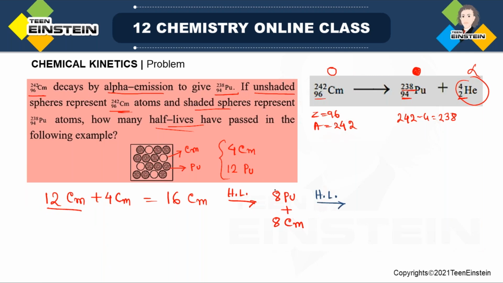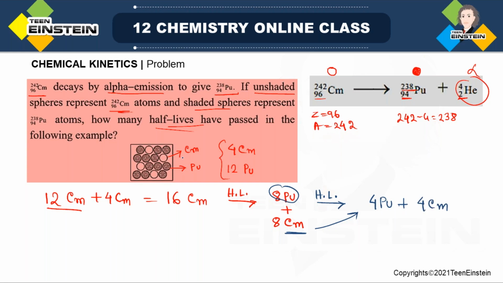We already have 8 Pu, which is the product side, and 8 Cm is still there. So the reaction will be only from 8 Cm. Again 50% consumption. That means now there will be 4 Pu generated and 4 Cm left.